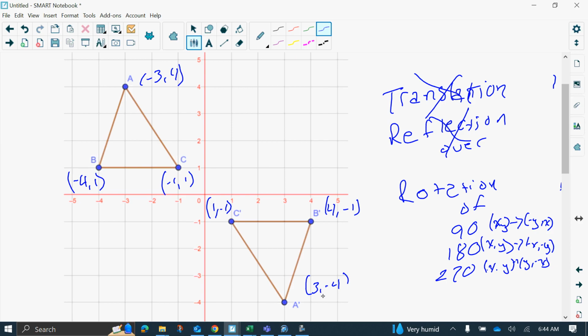Well, again, we didn't switch the order, so 90's gone. 270 says we switch the order and change the sign on the x. Again, we didn't switch the order, so 270's gone.